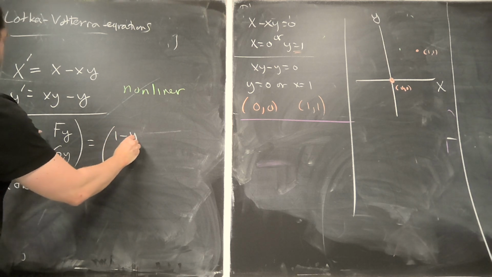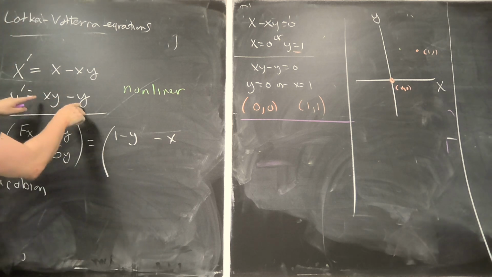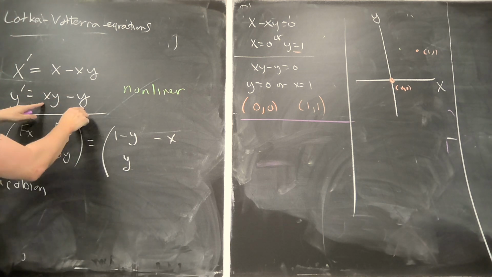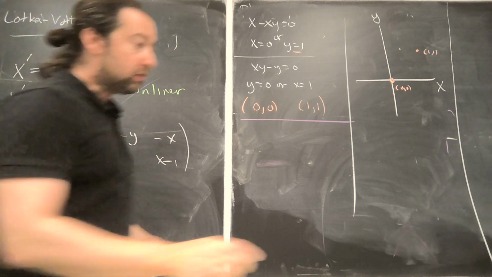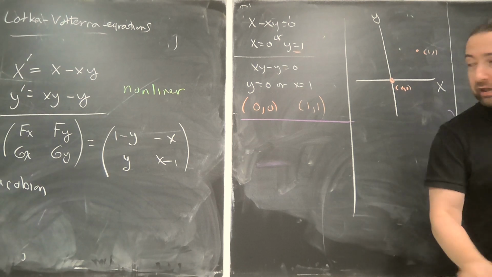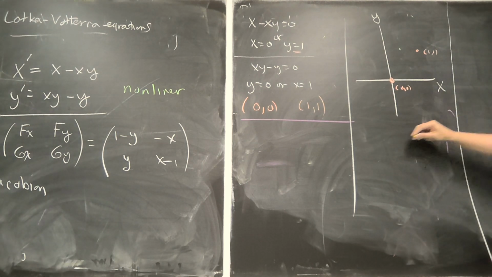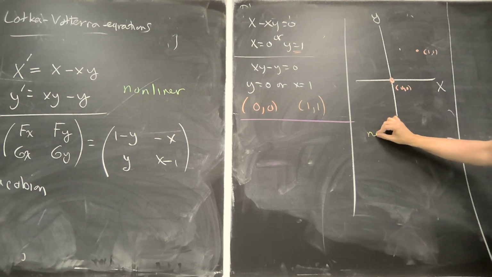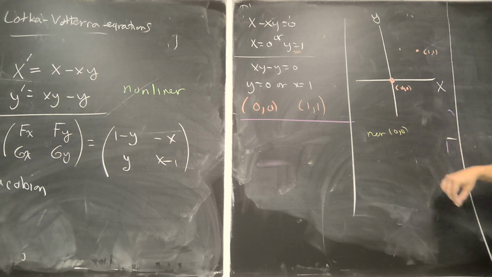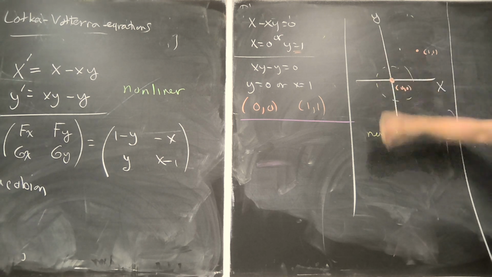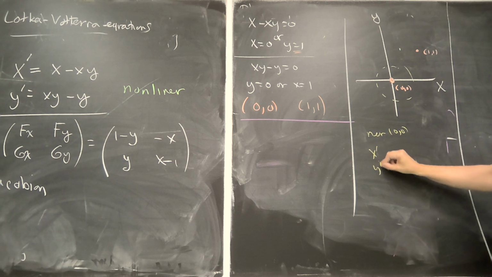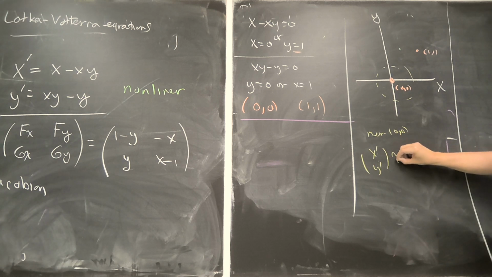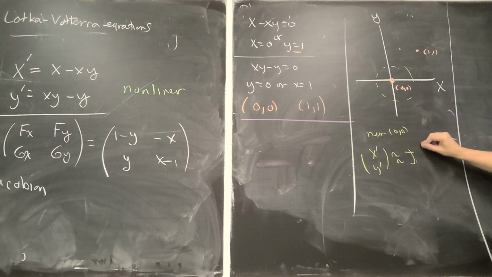1 minus y minus x. This with respect to x is y. This with respect to y is x minus 1. And the idea here is, near each of these points, as long as I keep my scope small enough, near the point 0, 0, like a little window around 0, 0, that differential equation acts like this. x prime, y prime is approximately equal to J times x, y.